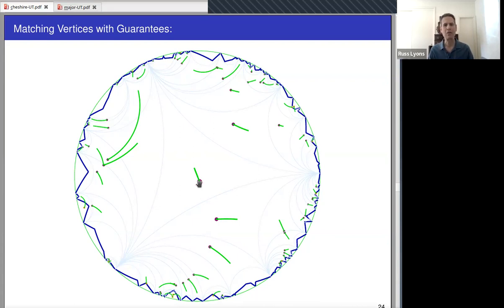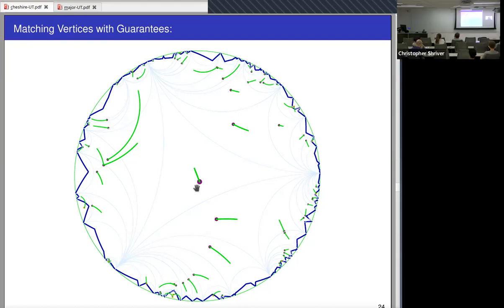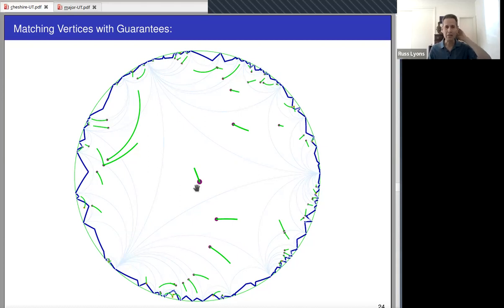For each triangle, there's one vertex. So what is the intensity of the vertices? How many vertices are there per unit area? One over pi, exactly. So I didn't specify exactly what intensity means, but it's like for the Poisson point process: it's the expected number of vertices per area.